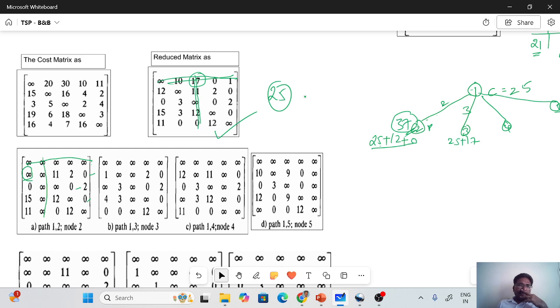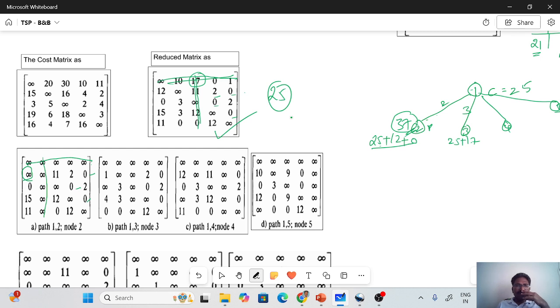Okay, and you will find the same for that. You must apply the same row reduction as well as the column reduction. So when you apply it, what is the value we have here? 0 minimum, 0 minimum, 0 minimum.